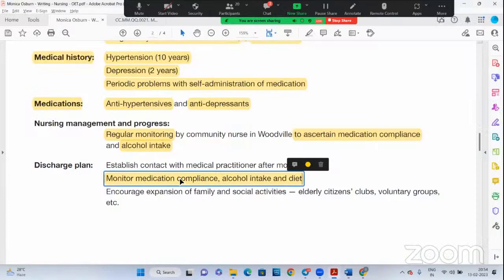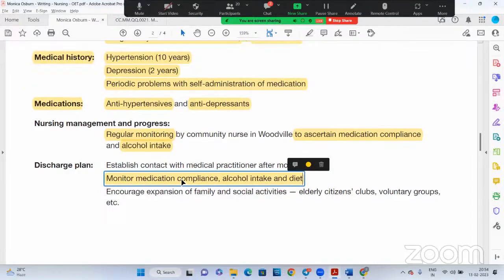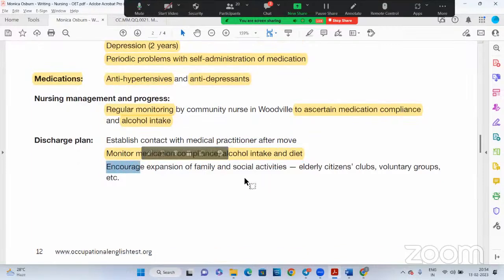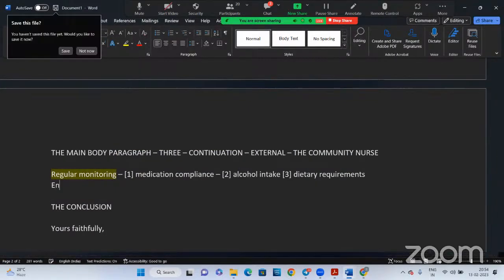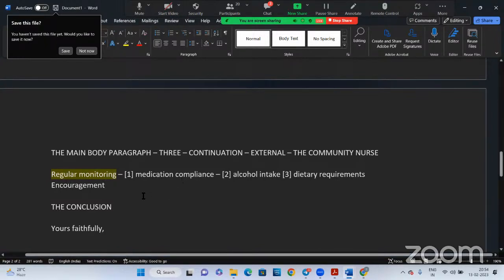The next one, the second thing, is encouragement is required. So she has to encourage. What does she have to encourage? First, she has to monitor. Second, she has to encourage. So copy text: encouragement is required.